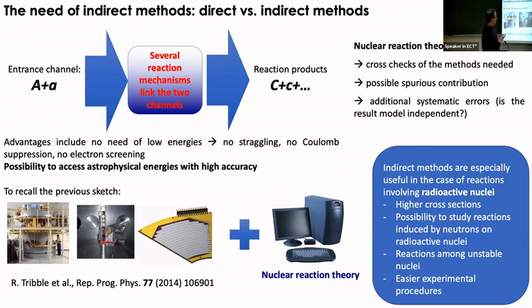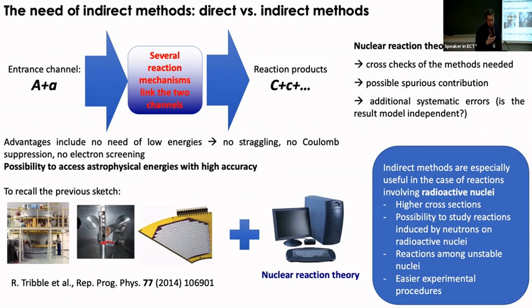Of course, this helps you in the sense that you don't need to measure very low cross sections. You usually have a very high signal to noise ratio and very clean channel selection. But the other problem is that you have additional systematic errors coming, for instance, from the model that you have to use to link the two cross sections. So this briefly is the difference between the two approaches.